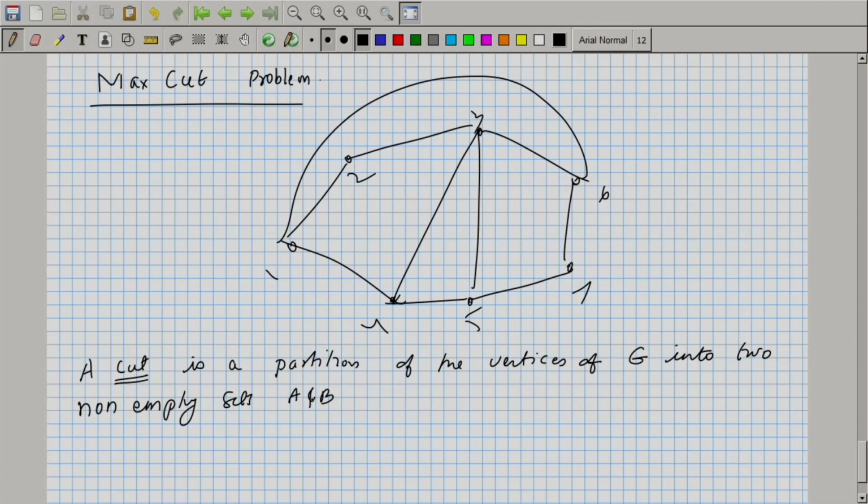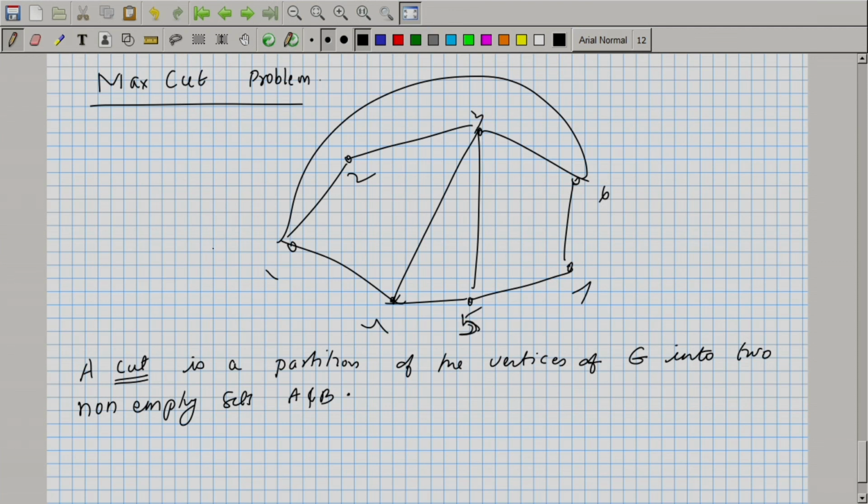Let us call them A and B. There is also a different notion of an ST cut, where S and T are vertices, in which case we will insist that S belongs to one partition and T belongs to the other partition. But this is what a cut is. You could choose any collection of vertices and that will form a cut.